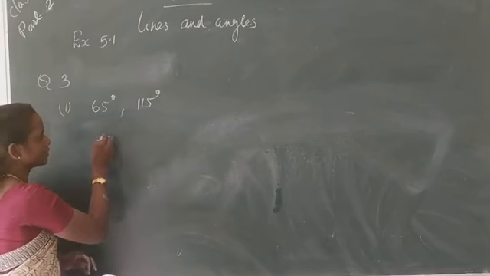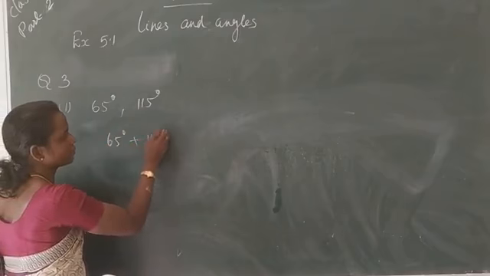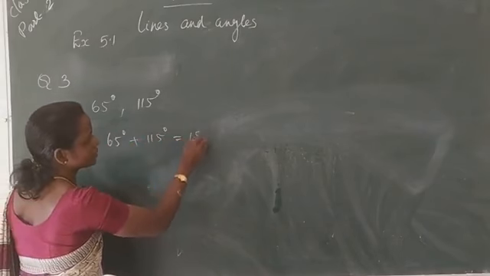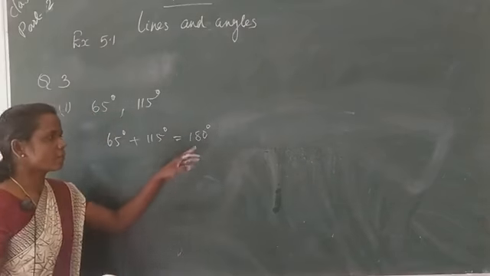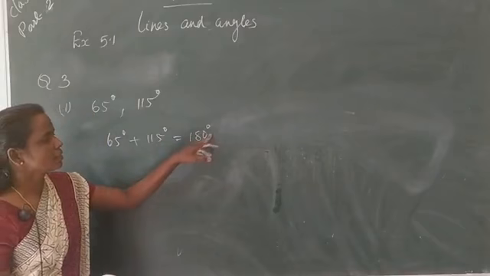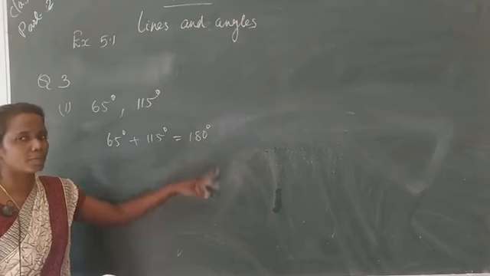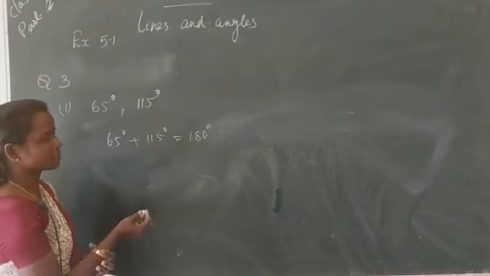Here we add these two angles: 65 degrees plus 150 degrees. What is the sum? The sum of these two angles is 180 degrees. Therefore, which type of angle is this? Supplementary angles.